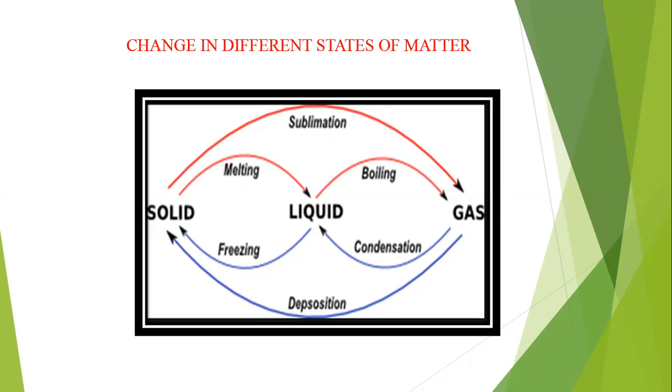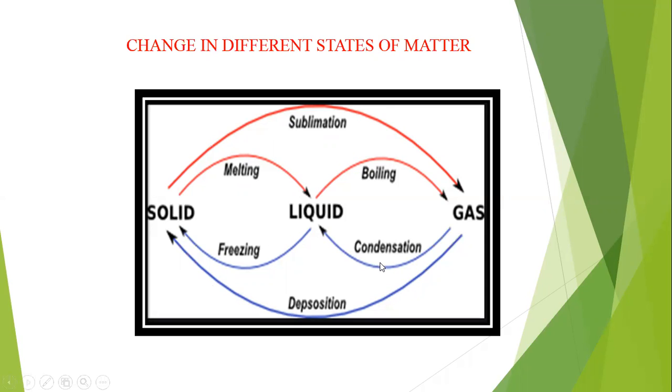Similarly, if you heat a liquid, what happens? It changes into vapor or gas. This process is called vaporization or boiling. And the reverse of this, when the vapor is cooled and condenses into liquid at the same fixed temperature, is called condensation.